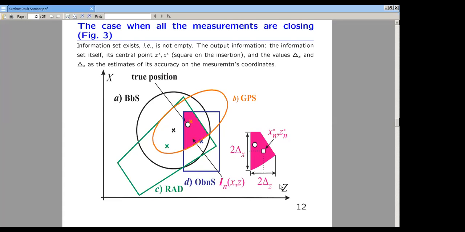In the illustration, I show that case. In this case, the intersection of all these uncertainty sets contains the circle, the true position, and as the output estimate, we give out, for example, the central point of this set, because we do not know any probabilistic characteristics, you see. And delta X and delta Z could be the estimates of accuracy of this output estimation.